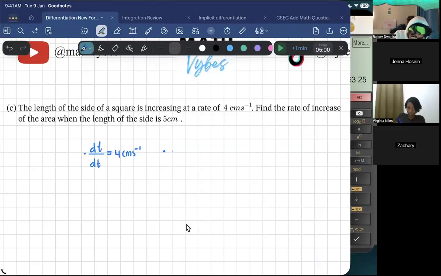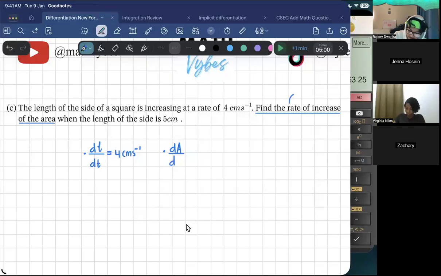So the length is 5 centimeters, and they want us to find dA over dt. I keep saying r, my bad.